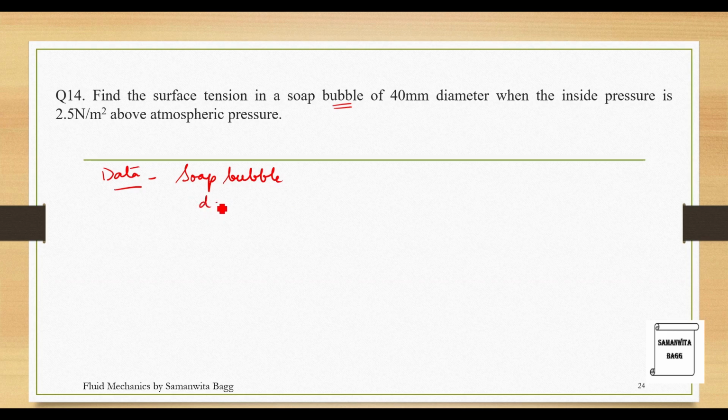Your diameter given is 40 mm. I'll bring this to meters, so I'll divide by 1000. So this becomes 0.04 meter. Next is the value of P given, that is 2.5 Newton per meter square above atmospheric. Since it is above atmospheric, the bubble will remain in its shape and it will not burst.